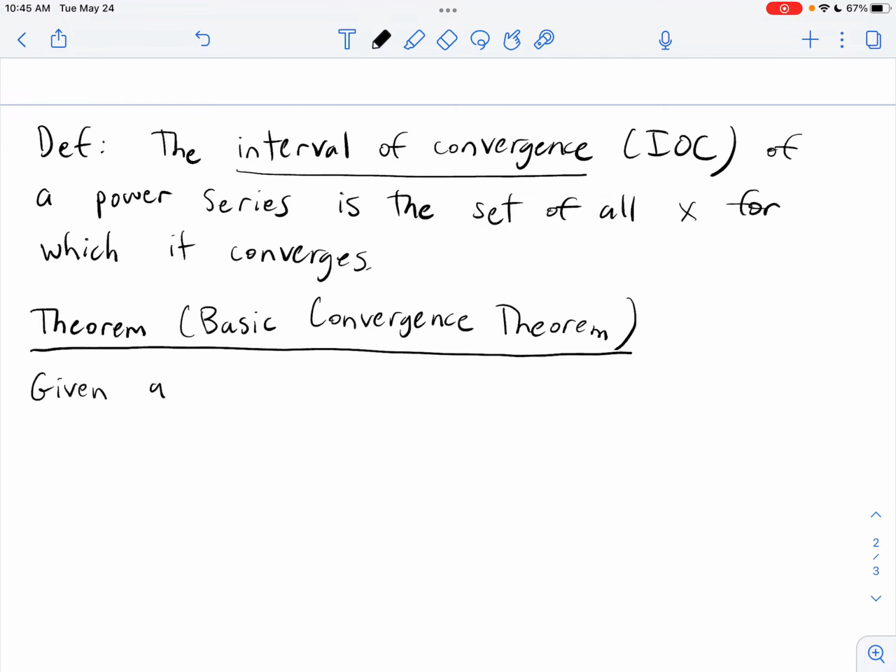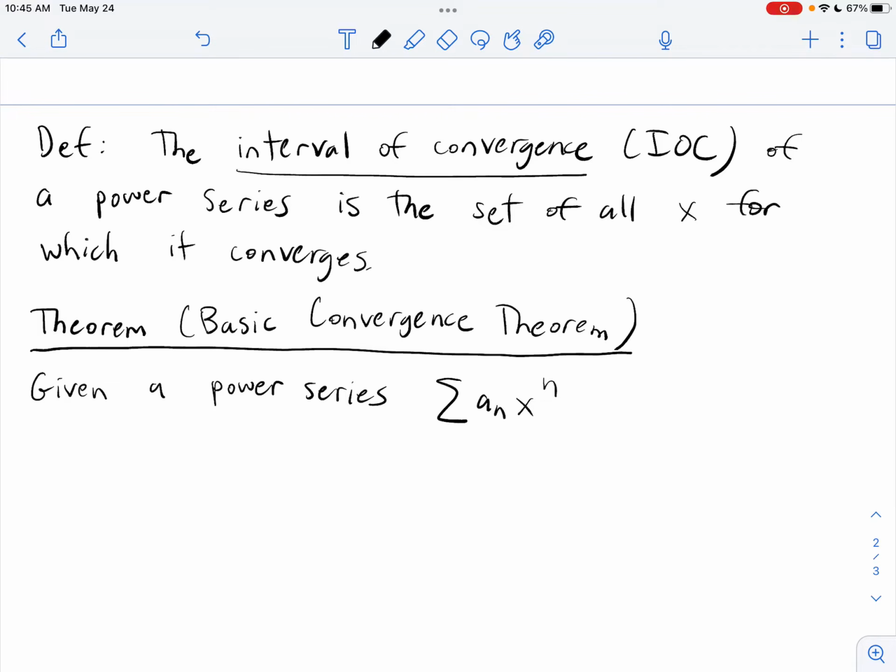So given a power series, and by the way, when I write a power series like this and I leave out the n equals 0 to infinity, understand that it's there and we're just leaving it off for the sake of brevity, okay? It's really there, but we don't have to write it every time if we're not actually going to be doing any calculations with it, okay?